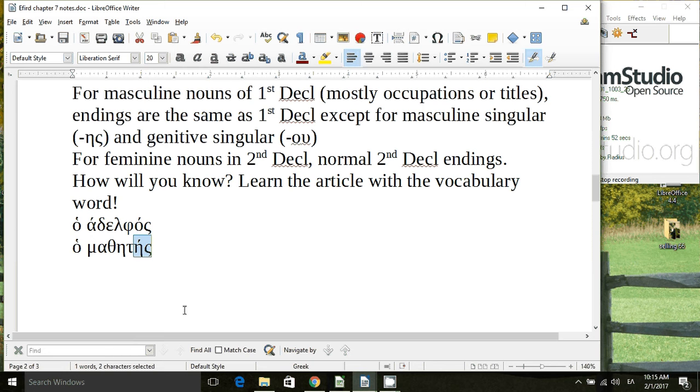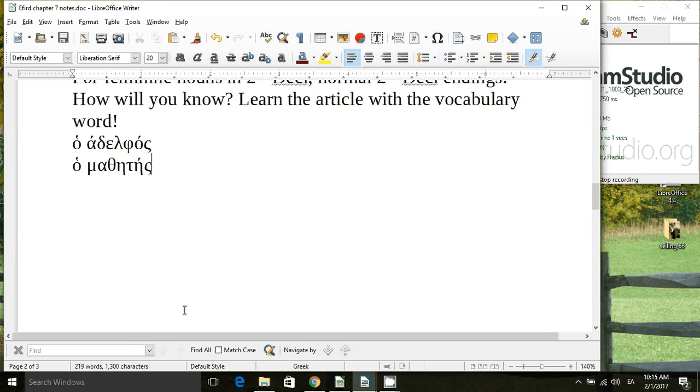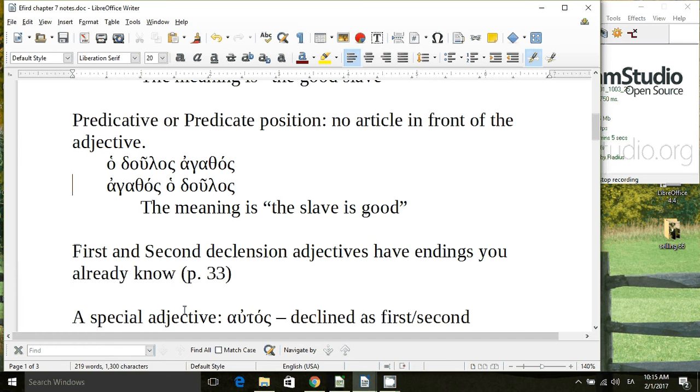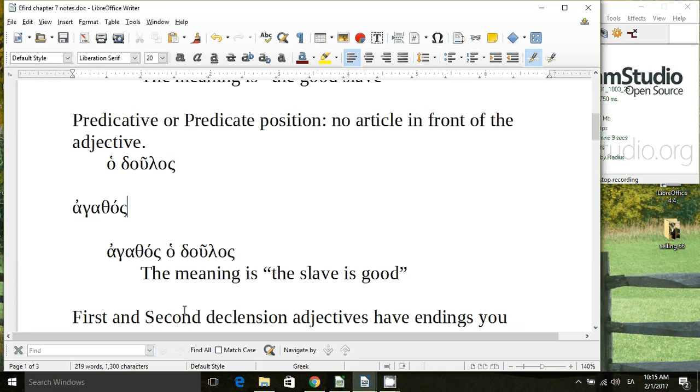And now you can see how adjectives will be listed in your vocabulary. It's listed agathos and then aon. So where did our agathos go? When we have adjectives listed in vocabulary, they'll look like this: agathos, aon, and that tells you that's the masculine endings, feminine endings, neuter endings, and it tells you they're nice normal endings.